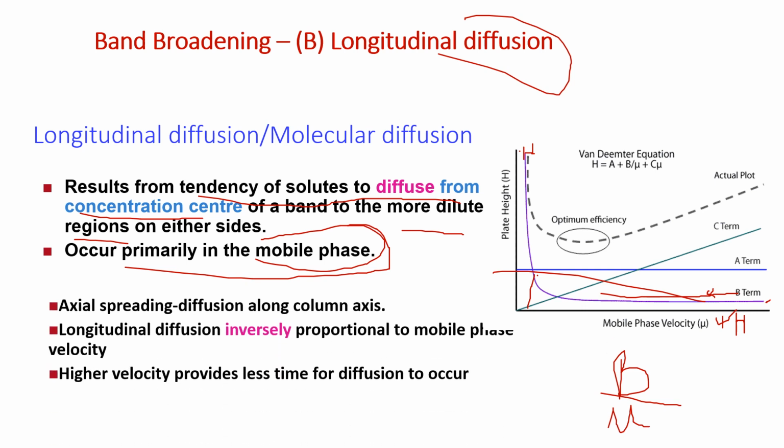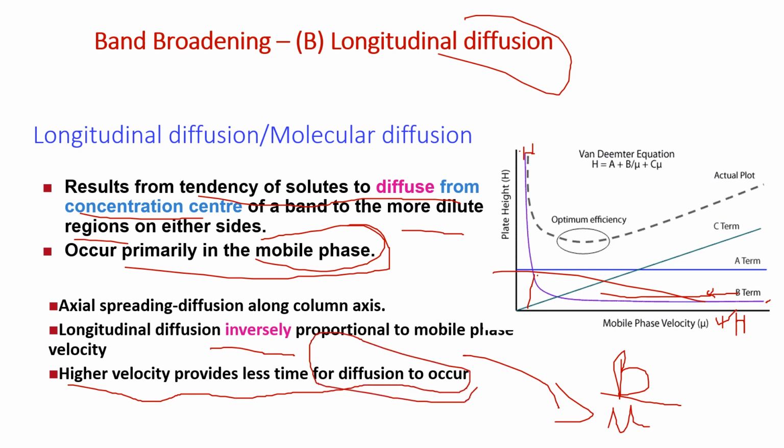Because of the axial spreading, diffusion along the column axis, it will create a band that is broad. This is inversely proportional as I mentioned just now, and higher velocity provides less time for diffusion to occur.